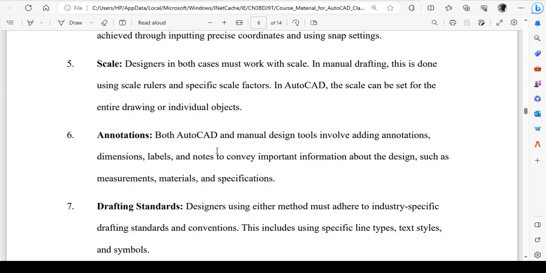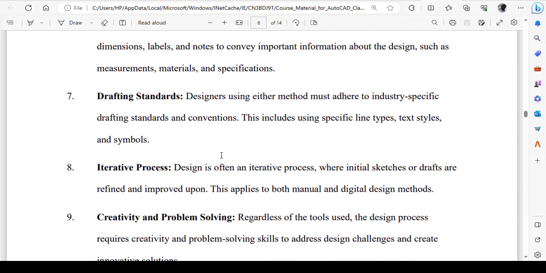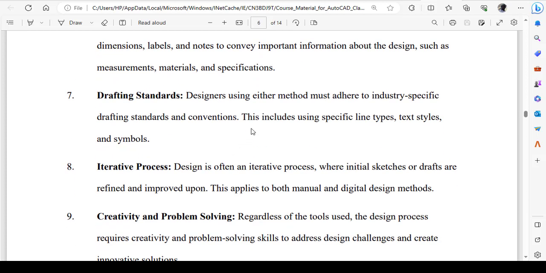The same thing also applies for both manual and AutoCAD designs. So you're talking about your drafting standard. Designers also, you must, okay, that's what I talked about. Sorry. You talk about your iterative process, where you talk about your sketches and all before you improve them on your drawings.